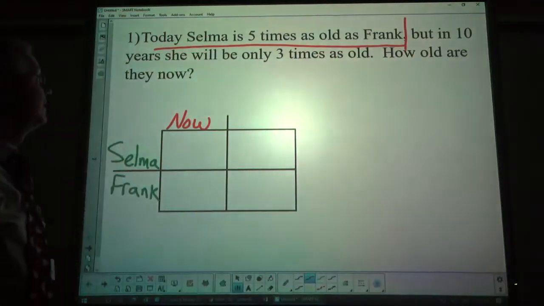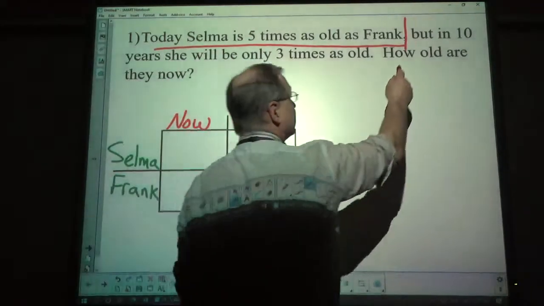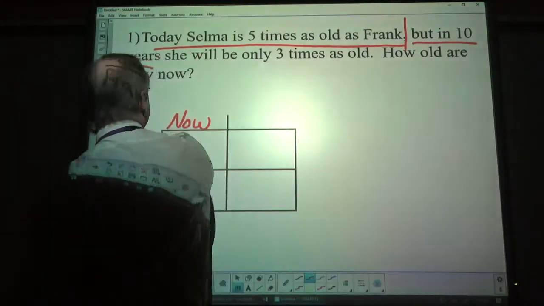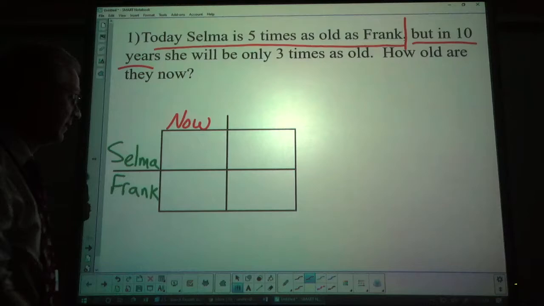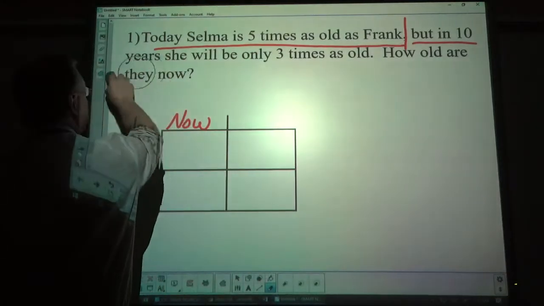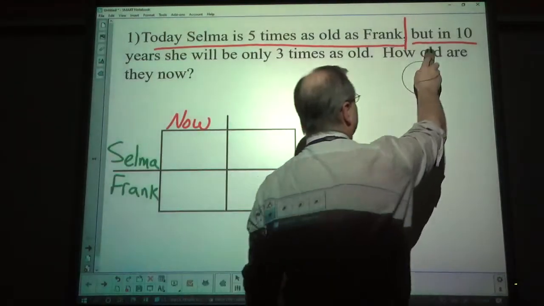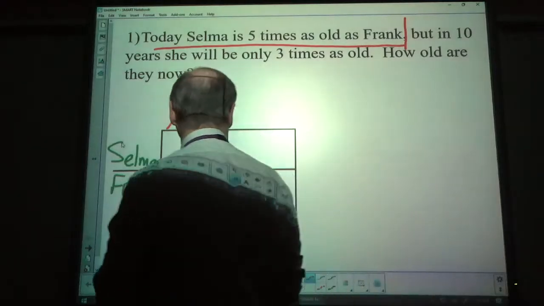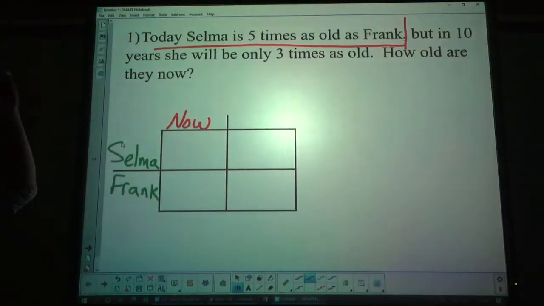Stop. If you start seeing in 10 years or 10 years ago, that's not part of the now. That's going to be in a little bit. So we're going to stop reading and we're going to write that setup.